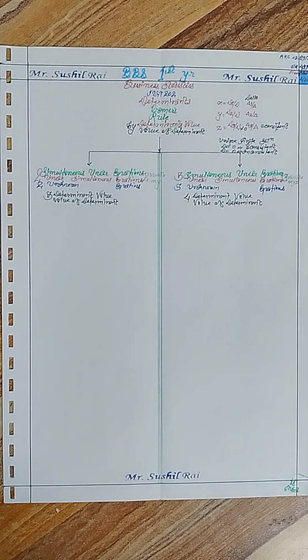Value of the determinant: x equals D1 by D, or delta 1 by delta; y equals D2 by D, or delta 2 by delta; z equals D3 by D, or delta 3 by delta. If D is not equal to 0, the system is consistent with a unique finite solution. If D equals 0, it is inconsistent.